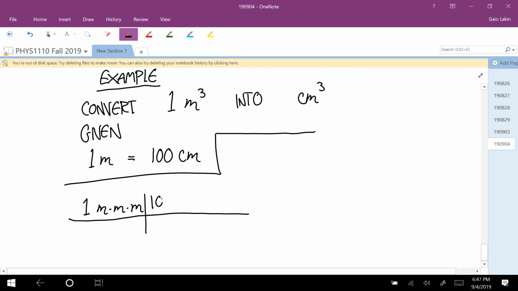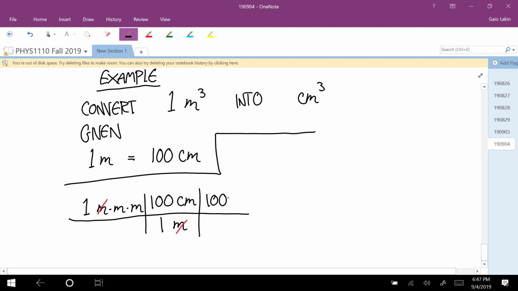So 100 centimeters over 1 meter, and one of these cancels. And then you just have to do it 2 more times exactly the same to cancel the other 2 meters.